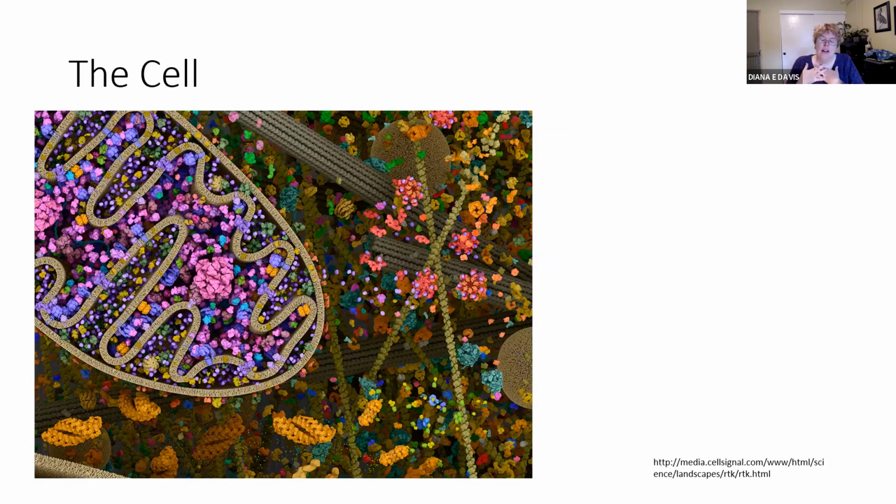And there are thousands of copies of all of the different proteins and thousands of mitochondria in every single cell in your body. It's something that we often misunderstand when we talk about cell biology.